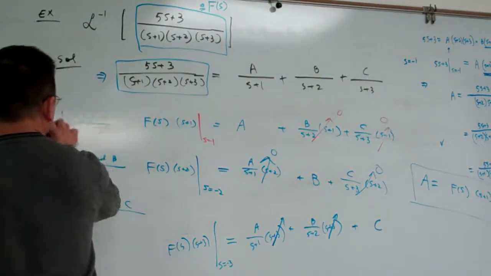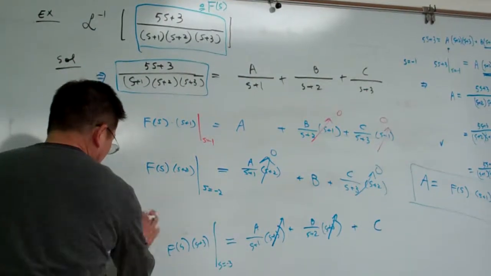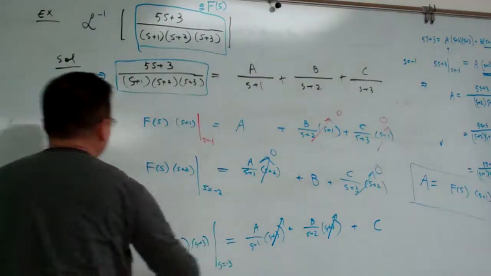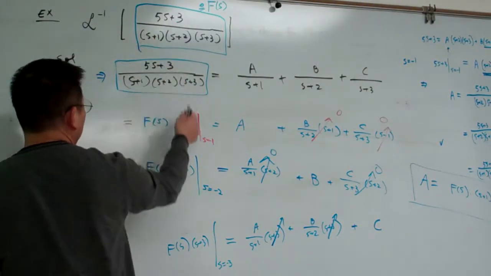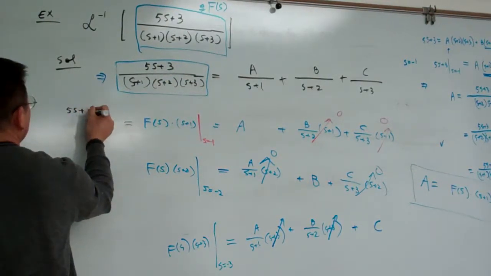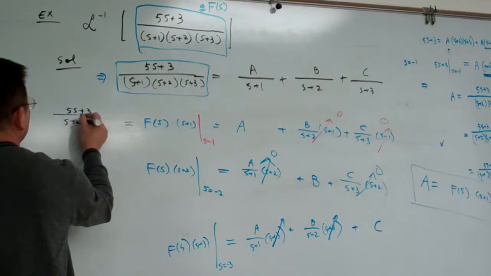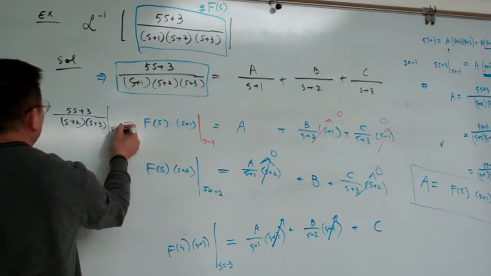So that is the way to do it, and then how to do the calculations. Here is a little bit more implementation. We have f of s given by this and multiplied with (s plus 1), so that basically becomes (5s plus 3) over (s plus 2)(s plus 3) at s equal to minus 1.